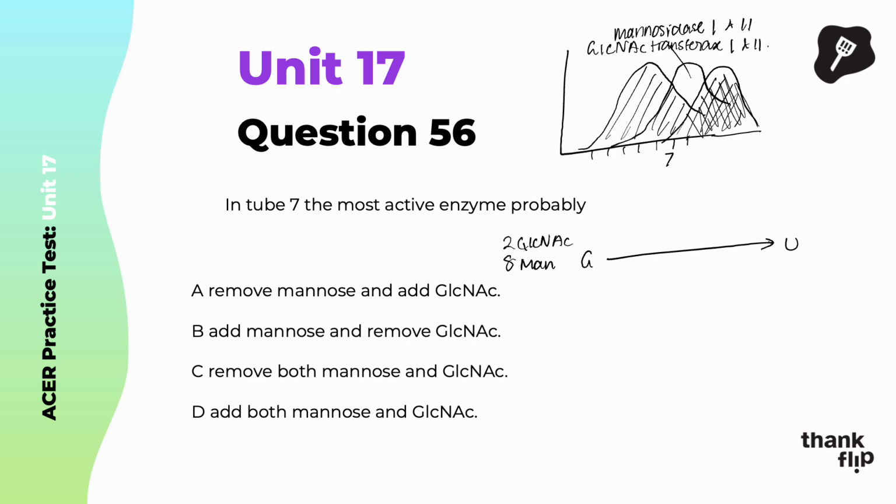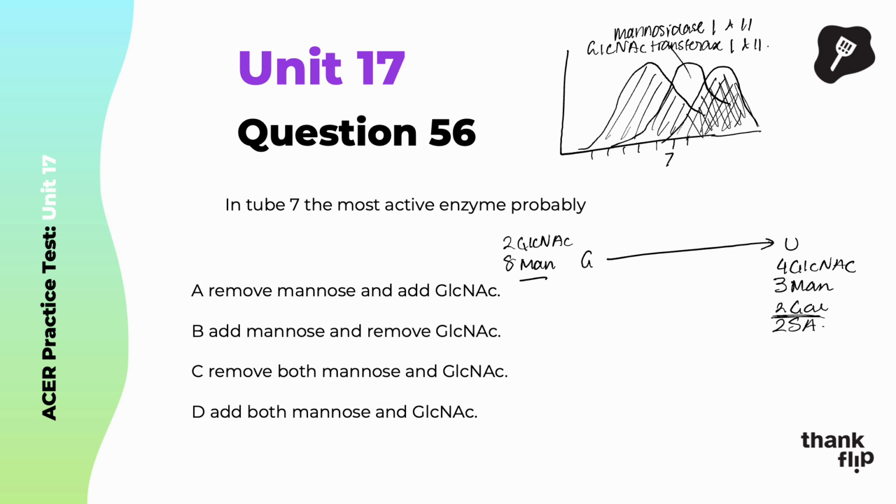And then at the end, we have 4 GLCNAC units, and we only have 3 mannose units. We have 2 galactose units and 2 sialic acid units. Right? So that's why we could infer in that last question that our gal transferases were adding galactose, because at the beginning you don't have it, but at the end you do.